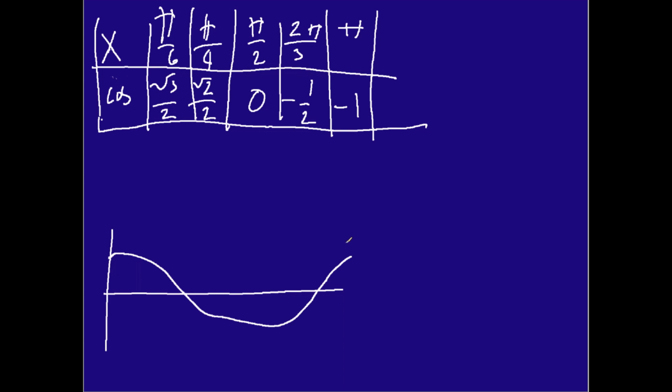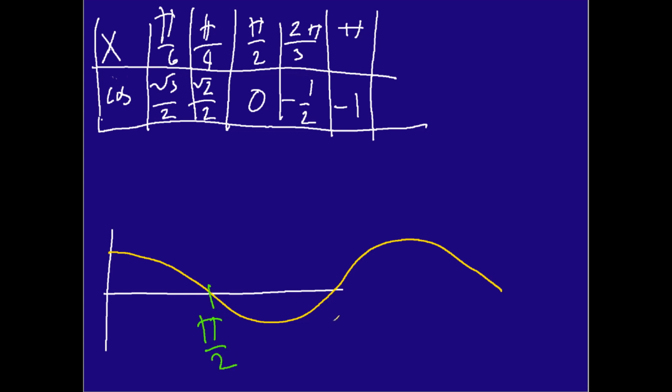Let me give you a different color. Sorry about that. It's a little bit lazier looking, and it goes on like that forever. And the x-intercepts, if you want to call those that, would be at pi over 2. And the next one is going to be at 3 pi over 2. So when it comes back up, it's going to be at 3 pi.